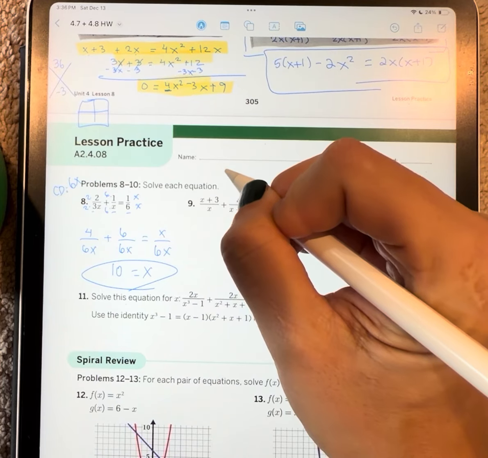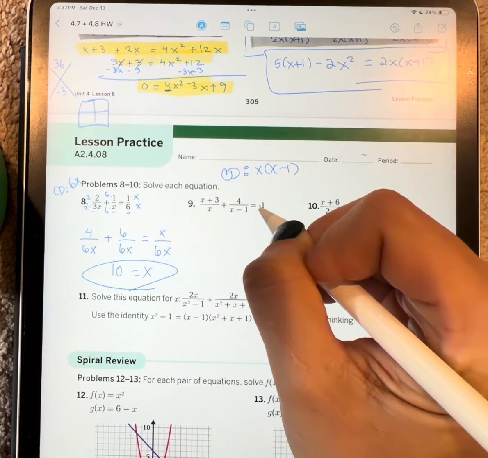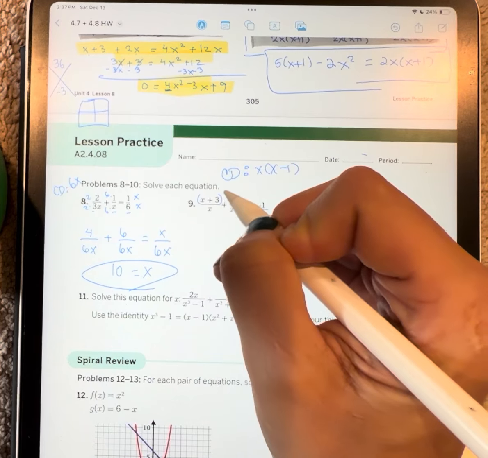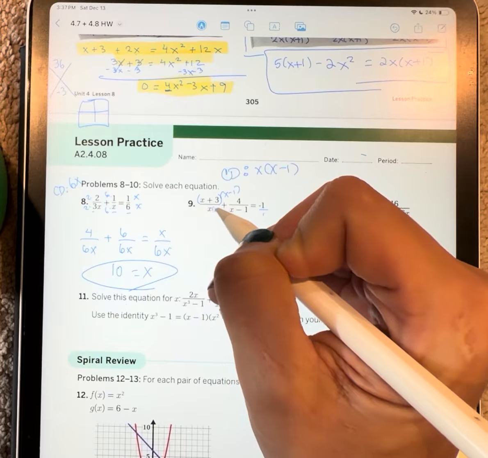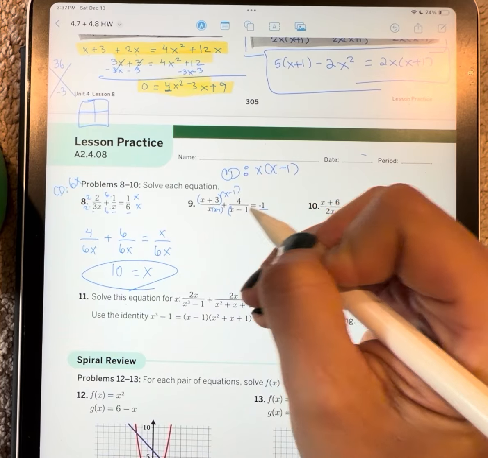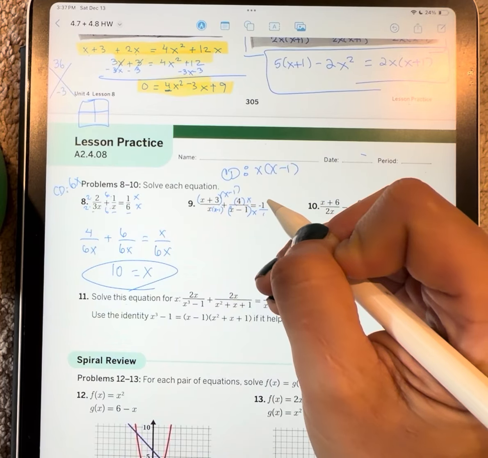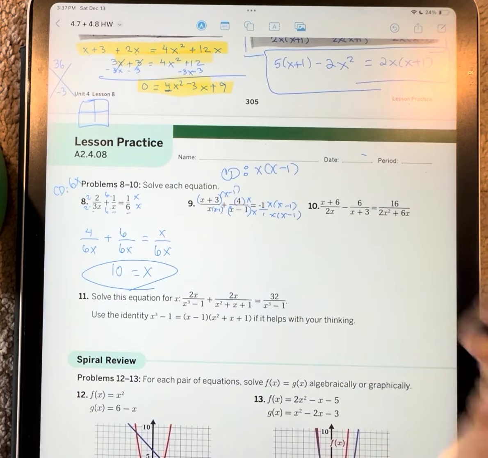I have a common denominator of x times x minus 1. So let's go. I need to multiply this guy by x minus 1 on the top and bottom. I need to multiply this by x and x. And I need to multiply this by x minus 1 and x minus 1.